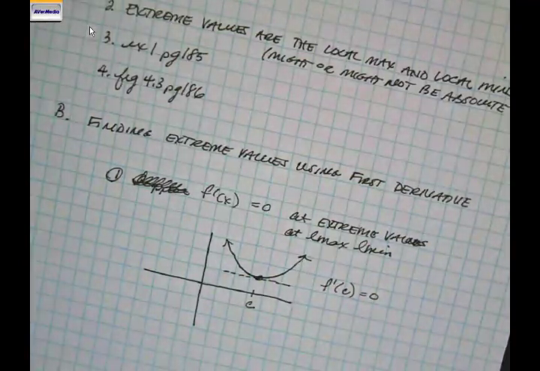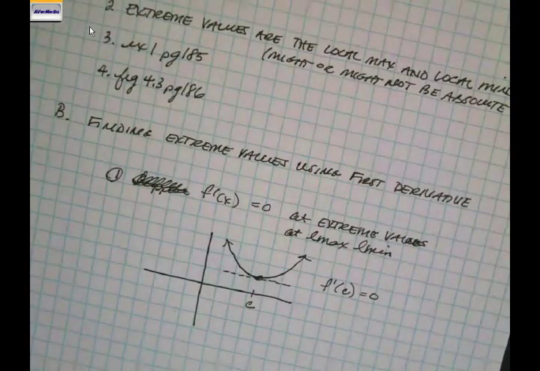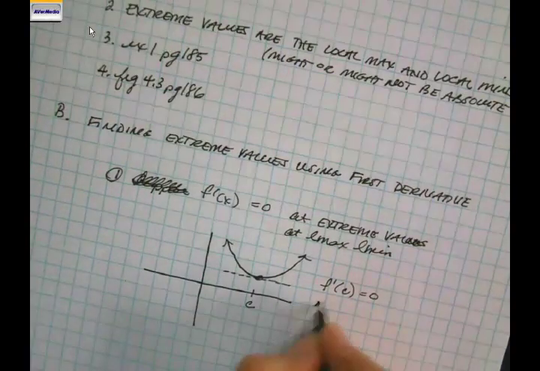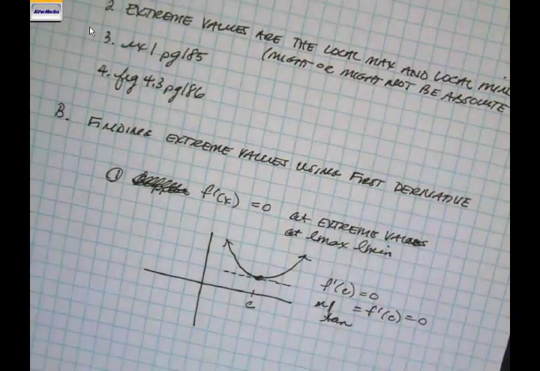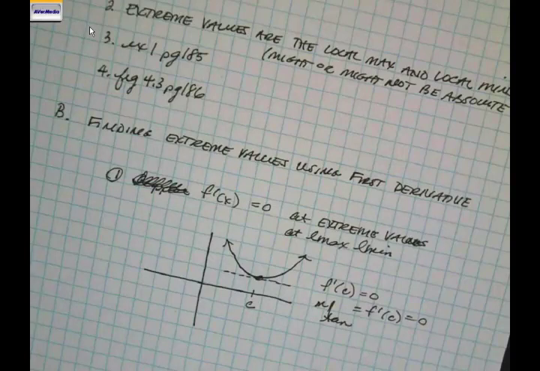So if you're at that local min, your first derivative is going to equal 0. The slope of the tangent line is the first derivative, and if that tangent line is a horizontal line, then that slope is 0 at that local min.